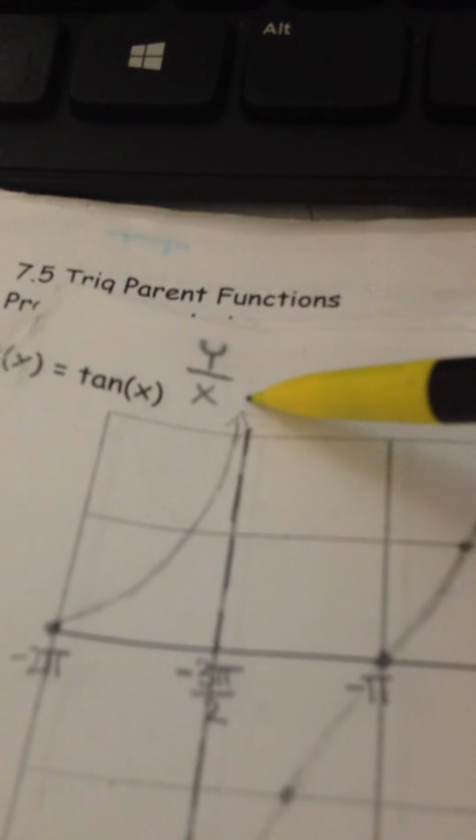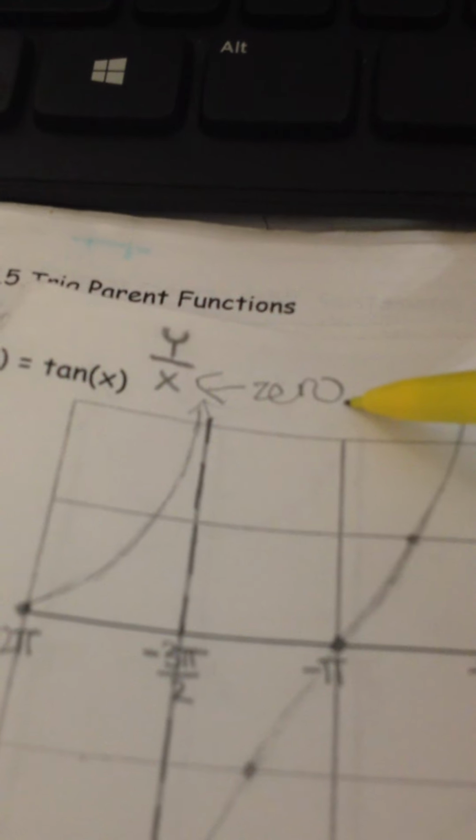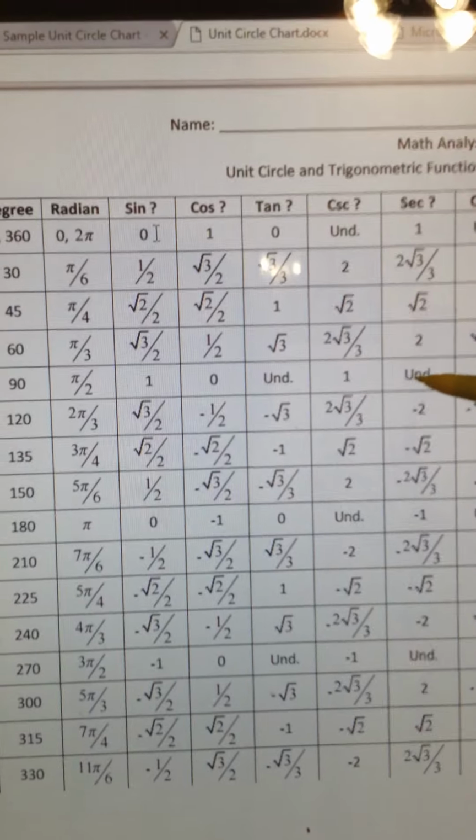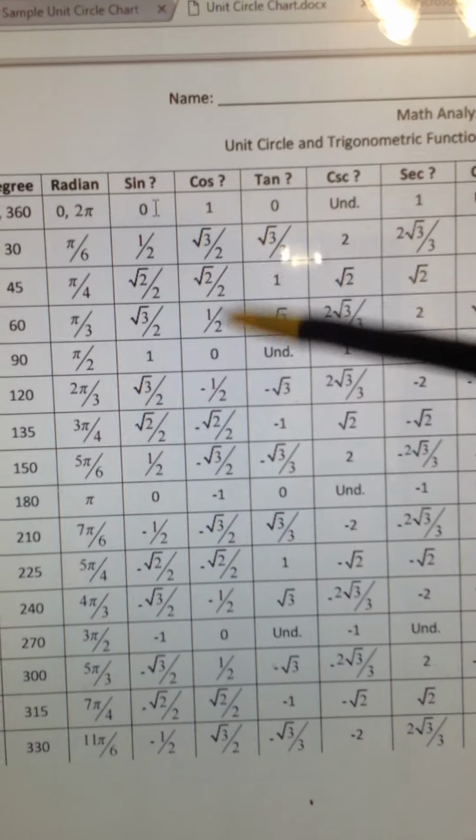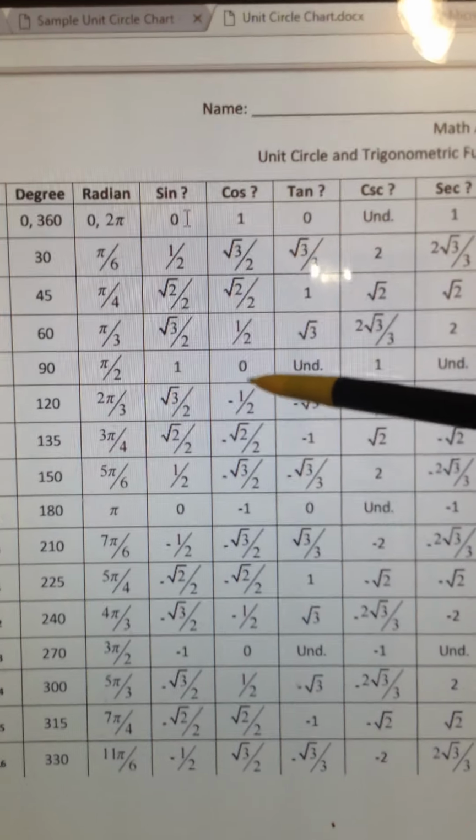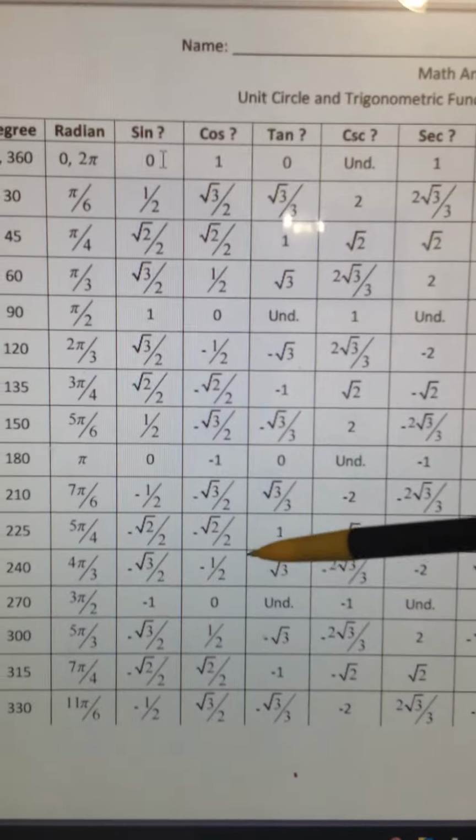So when x down here equals 0, this means it's undefined. You can't have 0 in the denominator, right? So right here, when tangent is undefined, y over x, cosine is at the bottom, it's 0. So that makes tangent undefined right here, and again down here when cosine is 0.